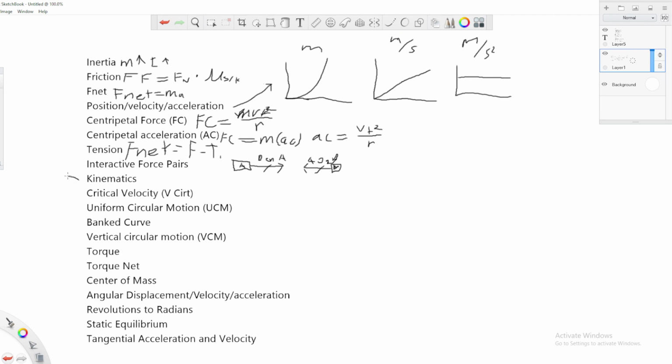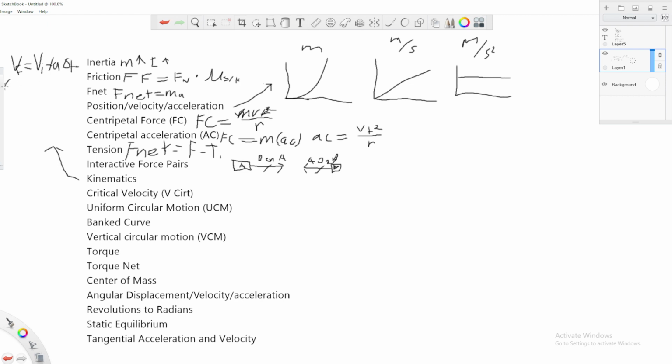Kinematics, I'll write over on this side over here. These are important to remember. You've got three of them. Velocity final, sorry for the handwriting, is equal to velocity initial plus acceleration times time.